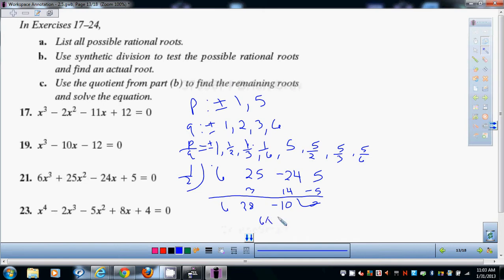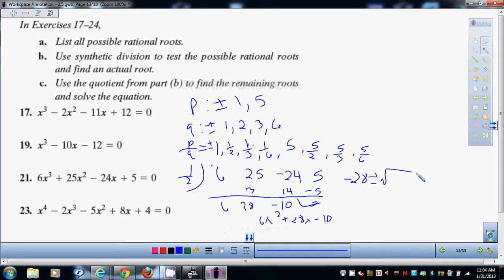Alright. What's your quadratic formula? Negative B plus or minus the square root of B squared minus 4AC, all over 2A. Someone real quick, what's 28 squared? Hey, somebody, what's 28 squared?